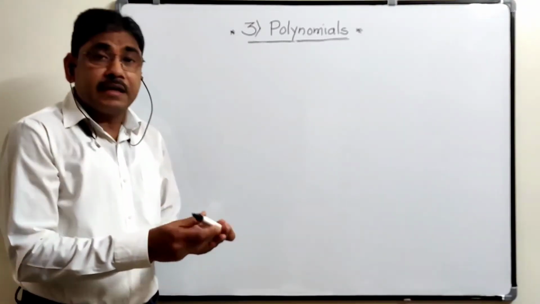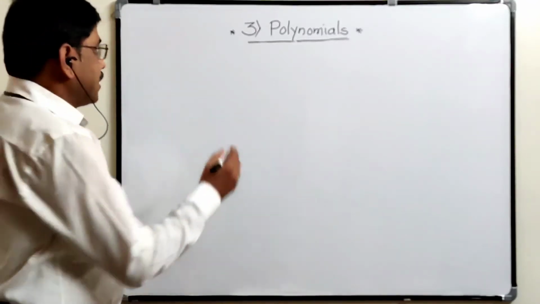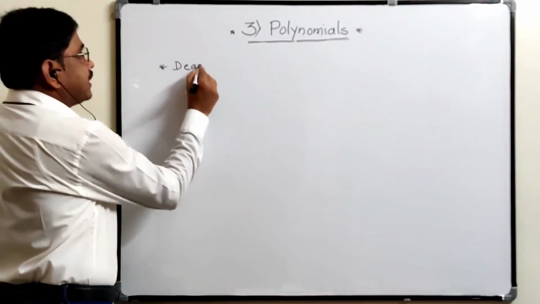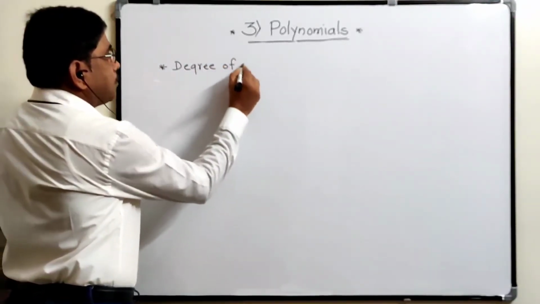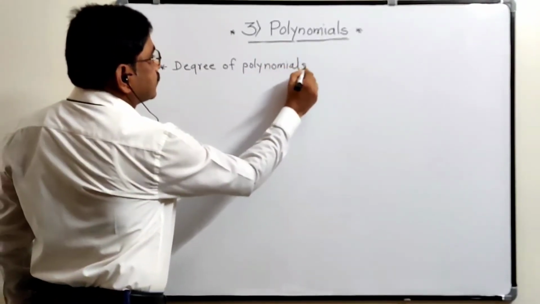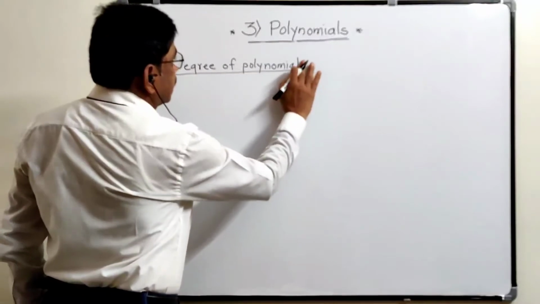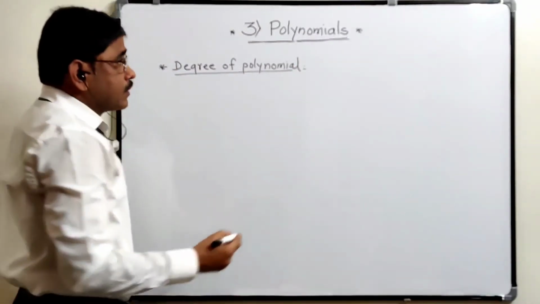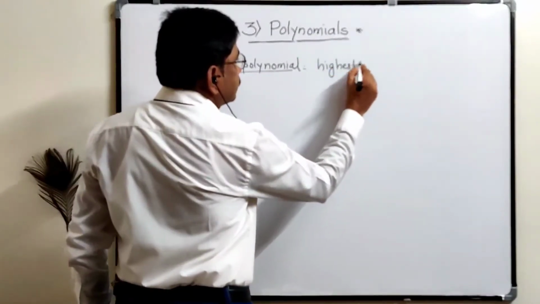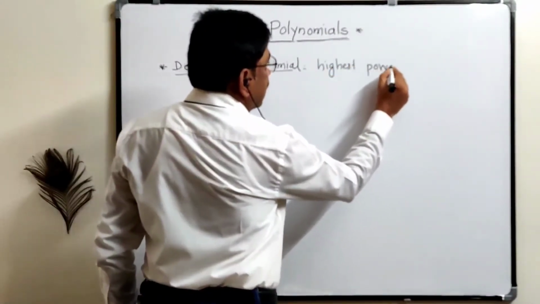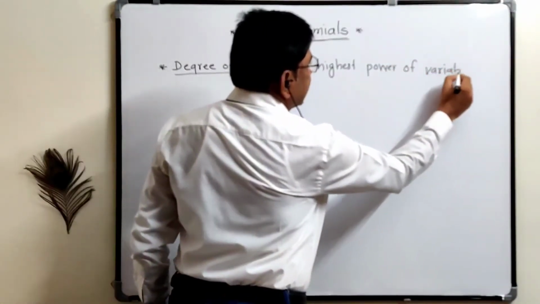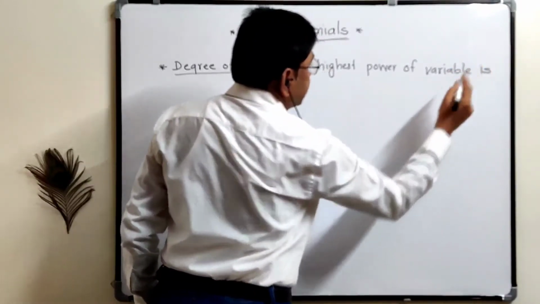Let us see degree of polynomial. This is also a very important point from this chapter. How to find the degree of polynomial. You know, the highest power of the variable, in 8th standard we studied this definition.